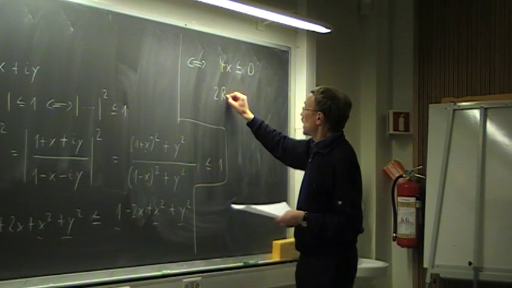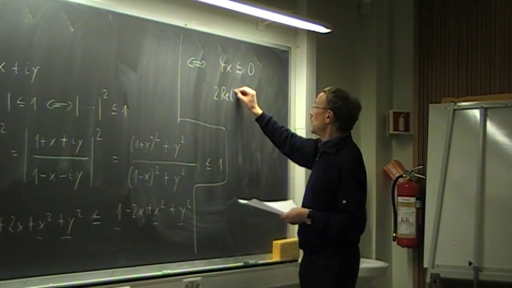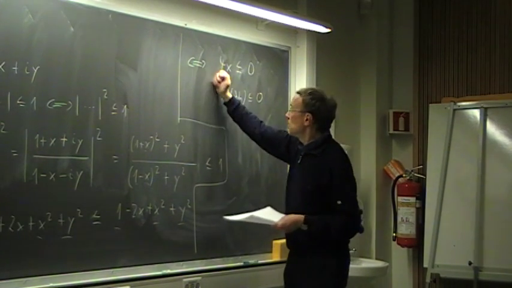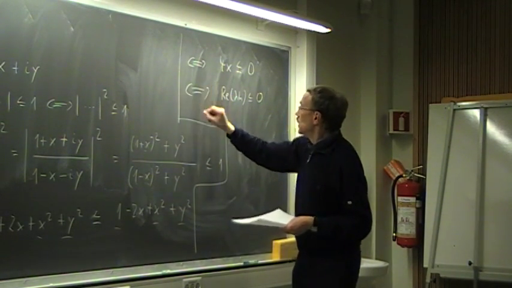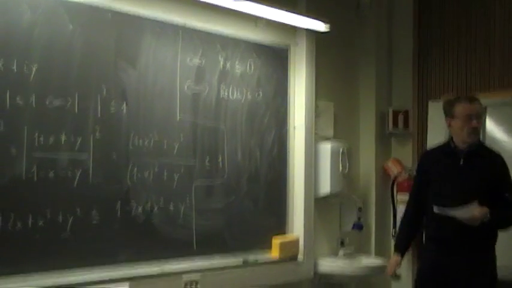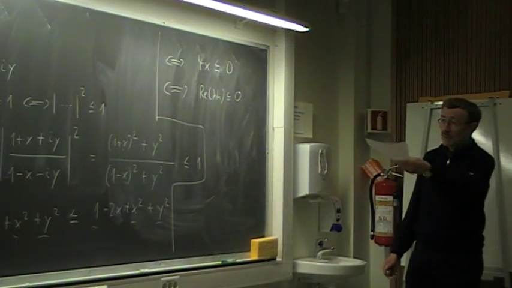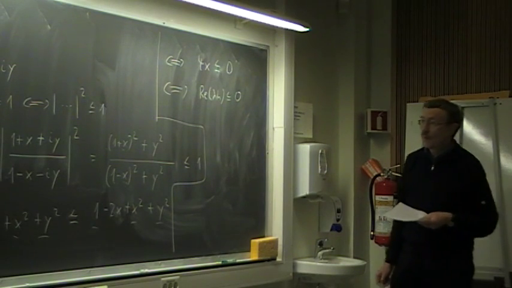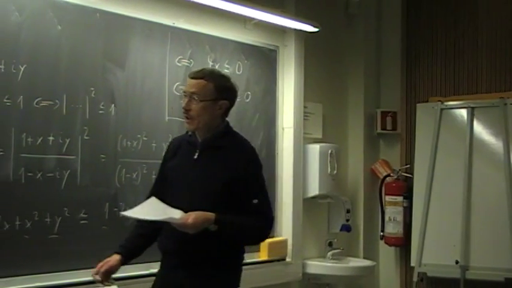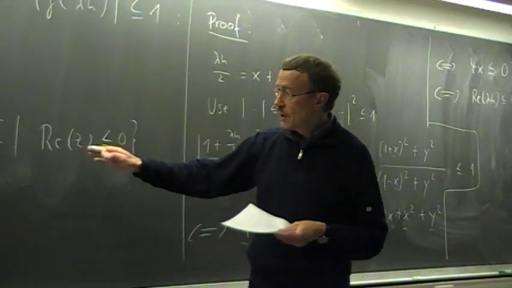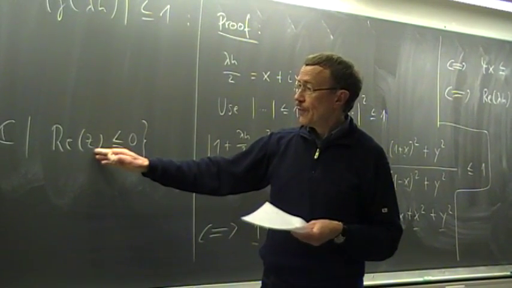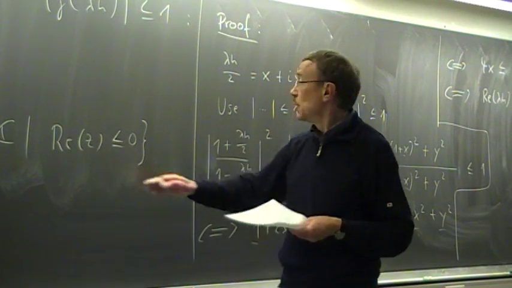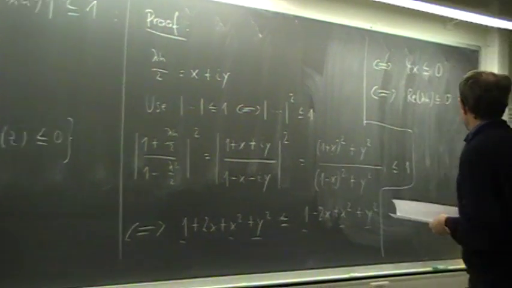So that's 2 times the real part of lambda h, smaller equal than 0, and we can easily divide by 2, and then we see what we claimed at the beginning. Because this is then the requirement that the real part of lambda h has to be smaller equal than 0. That is what we get here.